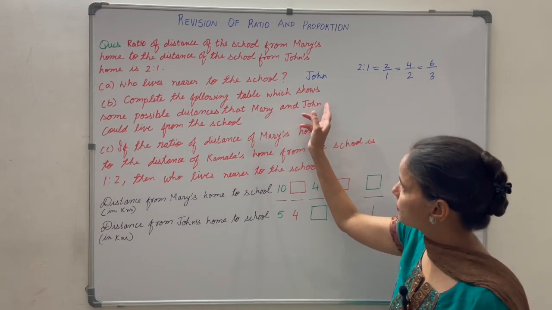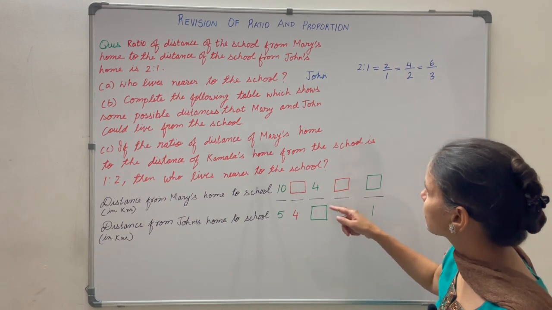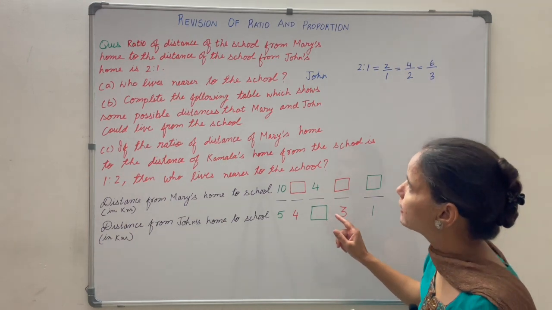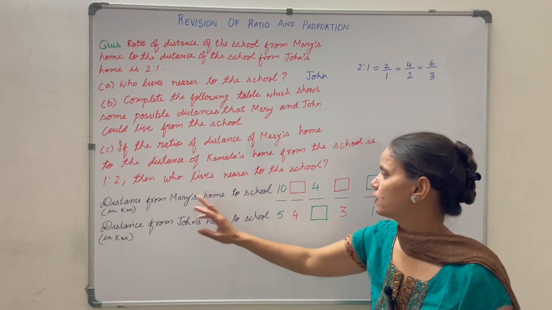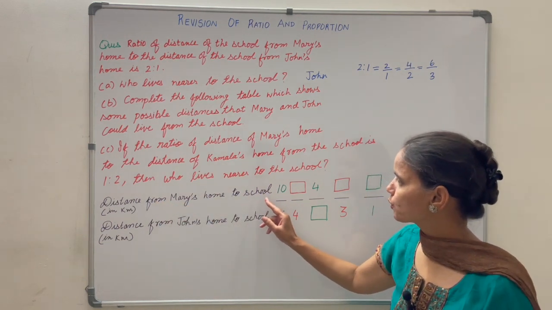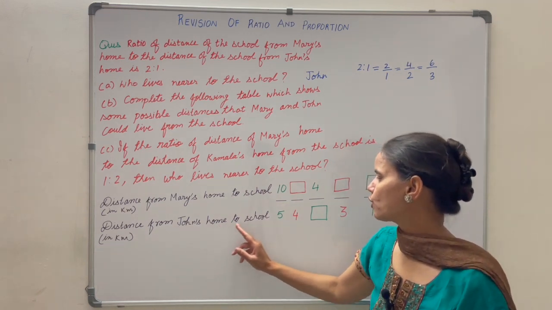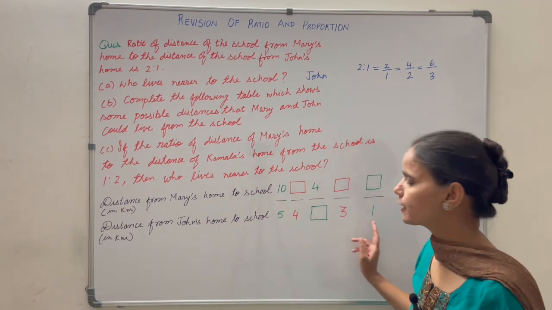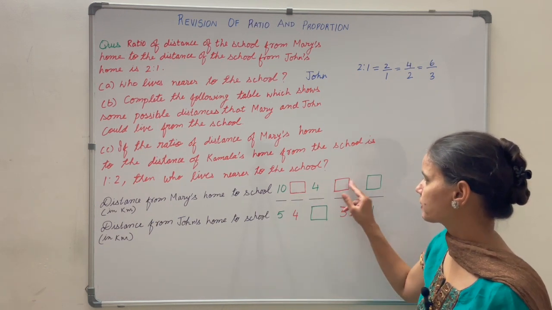Complete the following table which shows some of the possible distances that Mary and John could live from the school. So this is the table given to you. The distance from Mary's home to school in kilometers is given here, and the distance from John's home to school in kilometers is given here. You need to find out what to fill in these blank spaces.